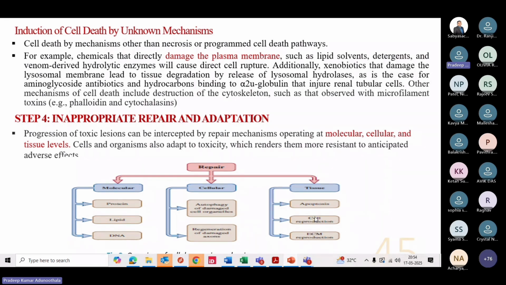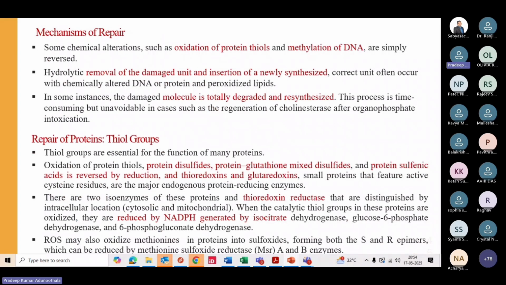reproduction, or ECM reproduction. And coming to the mechanisms of repair, some chemical alterations such as oxidation of protein thiols and methylation of DNA simply get reversed, so the mechanism of repair happens by using those processes.